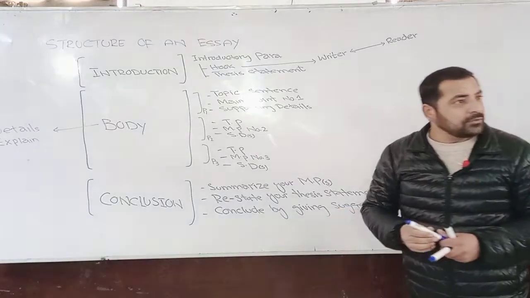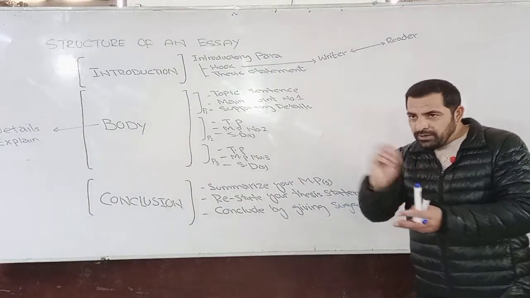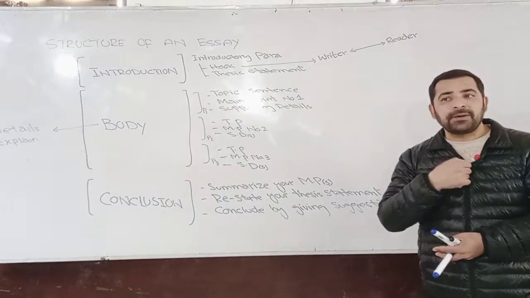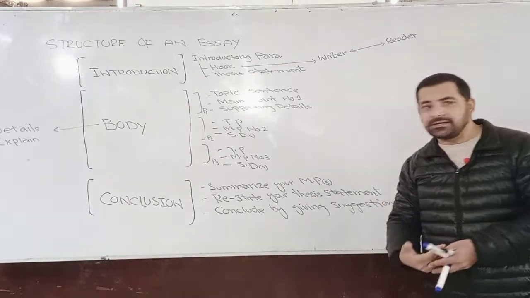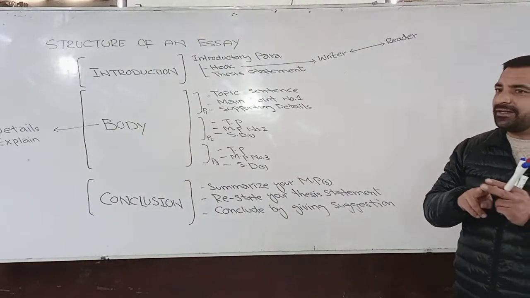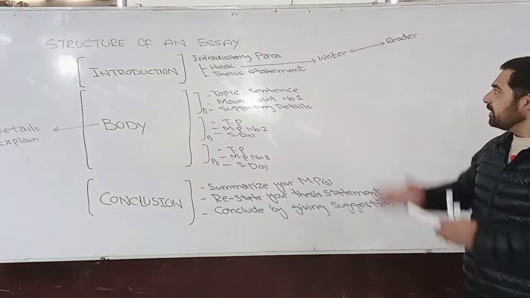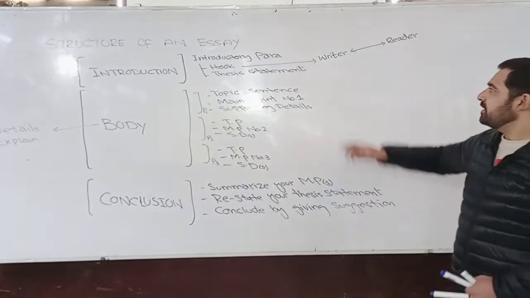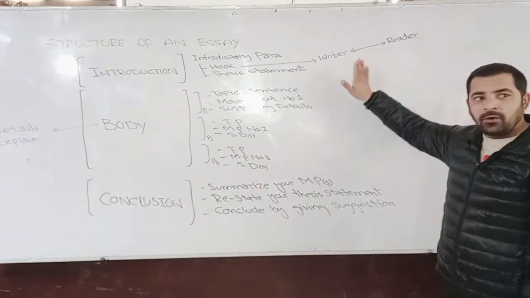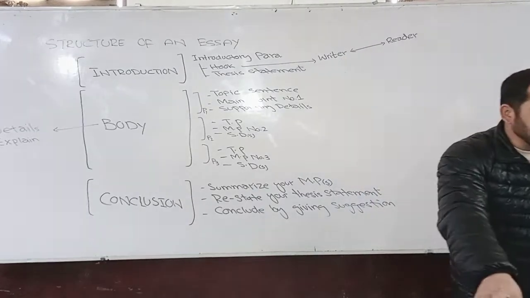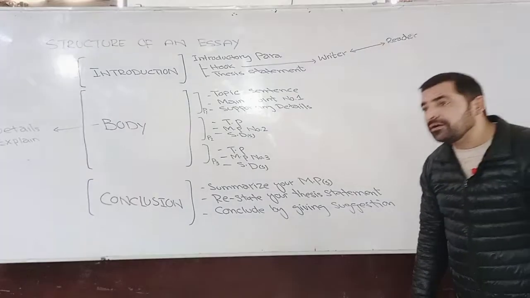Are you getting it? So when you are writing, of course, you are a writer and it's expected that someone is going to read it. So there are two people engaged here. Writer, reader. So in the middle is the writing. Based on the writing, either you could hook your reader or you couldn't hook your reader.